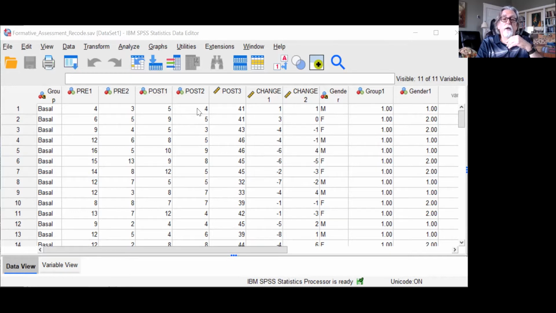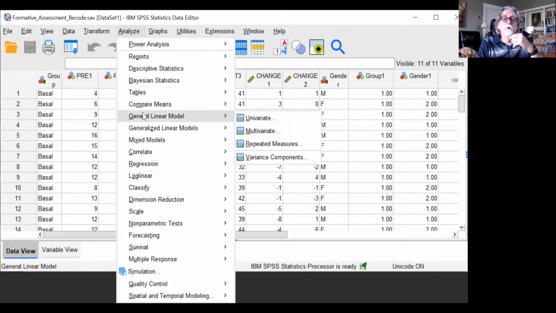And so once again, we're back into ANOVA. Because we have more than one independent variable, the analysis falls under what's called the general linear model, which covers a lot of territory. We'll look at univariate. Univariate means we only have one dependent variable.